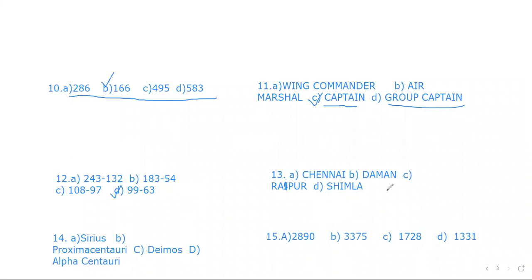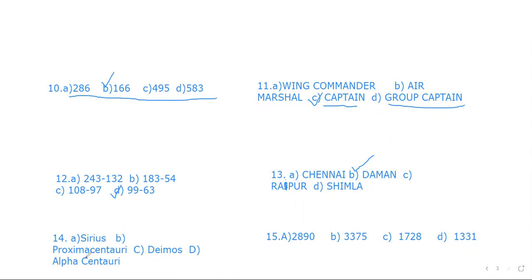Chennai, Shimla, Raipur, these are all capitals except Daman. Daman is not a capital. This is the odd one. Like general knowledge again, you see. General knowledge also can be asked in analogy and classification.